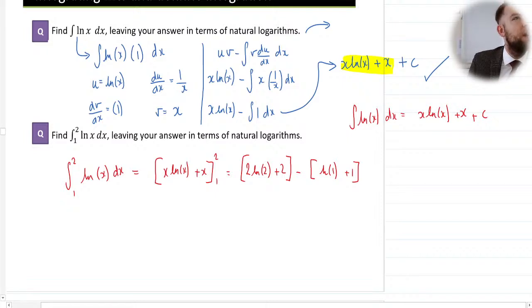What do I need to raise e to the power of to get 1? It is equal to 0, yeah. So this is going to be 2 ln 2 minus the 1. There we go. Brilliant. Perfect.